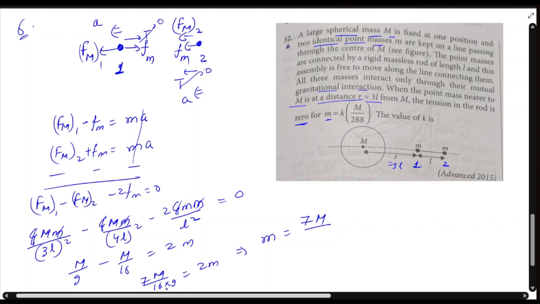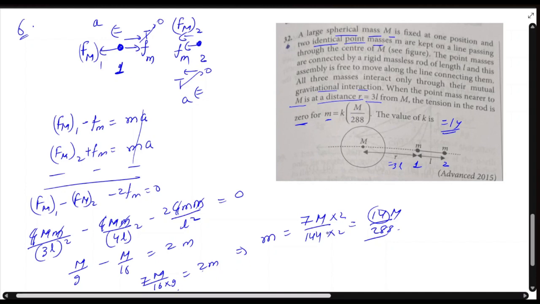So 16 into 9 will be 144, right? It will be 144. So if I multiply by 2, we'll have 14M by 288. So k will be 14, right?